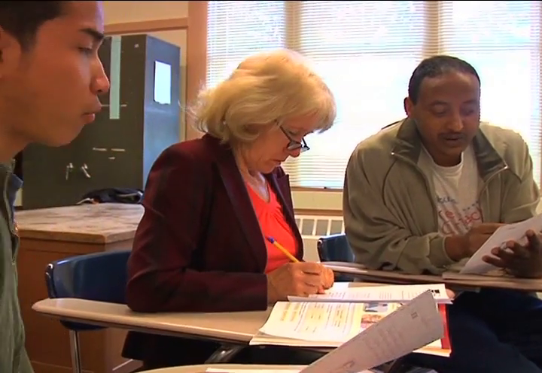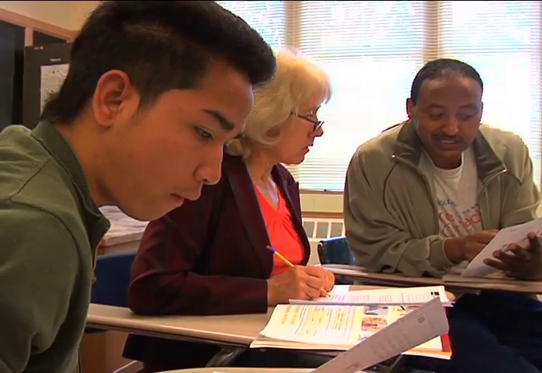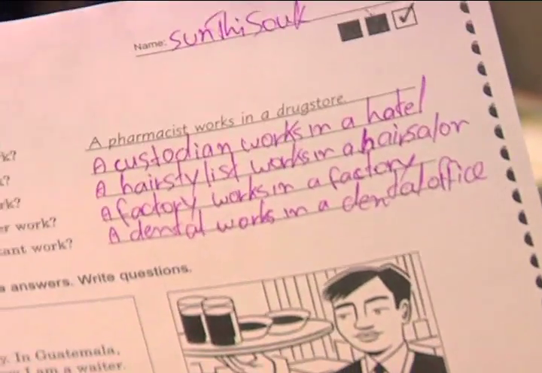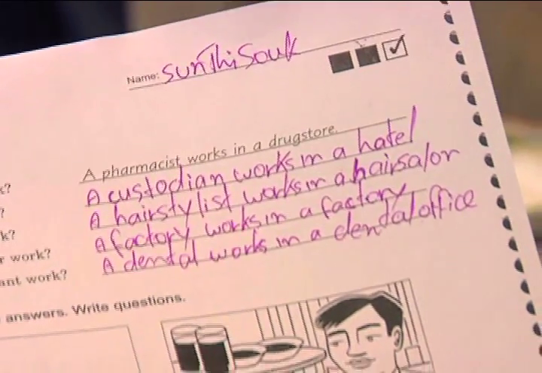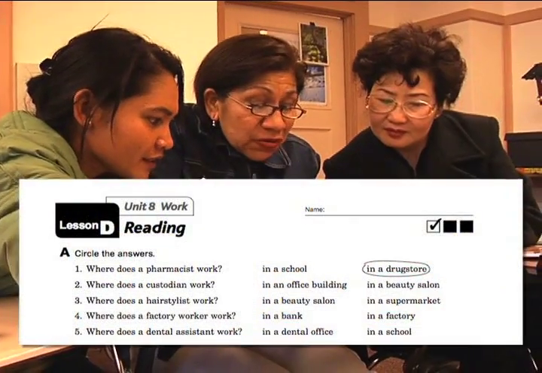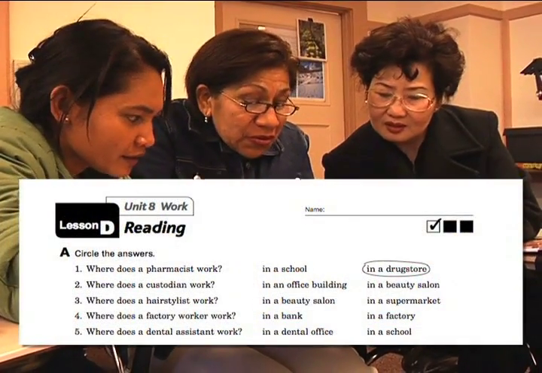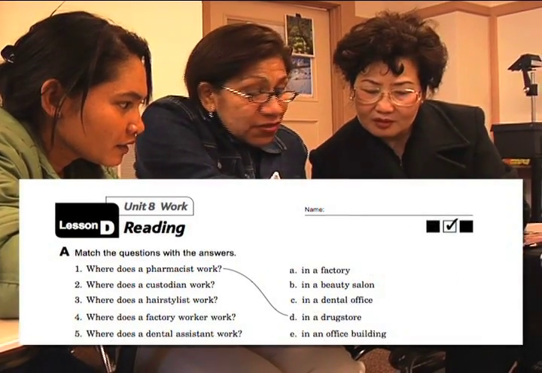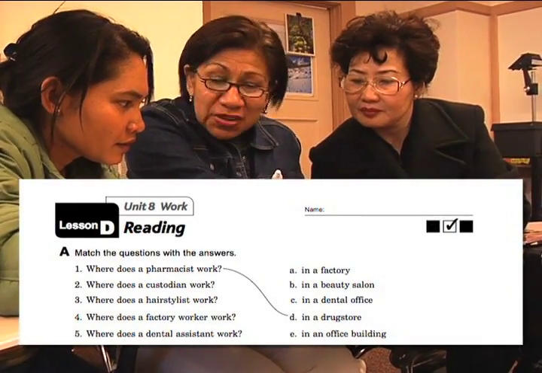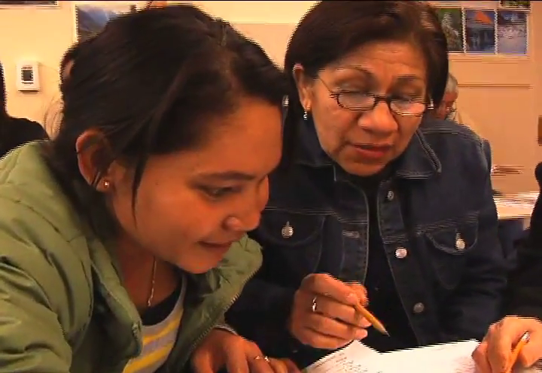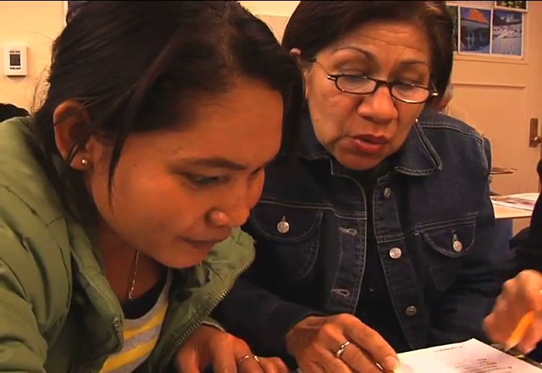Where does a dentist assistant work? In a dental office. Circle the answer. This is match the question with the answer. You answer the question. Okay? Where does a pharmacist work? Pharmacy.